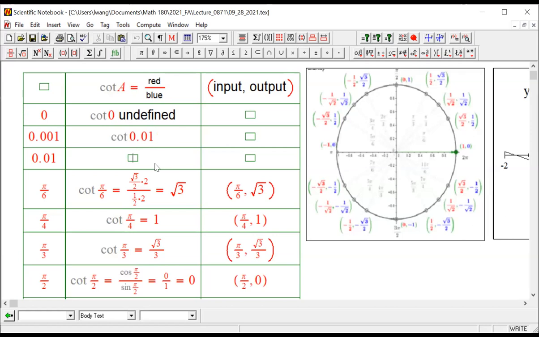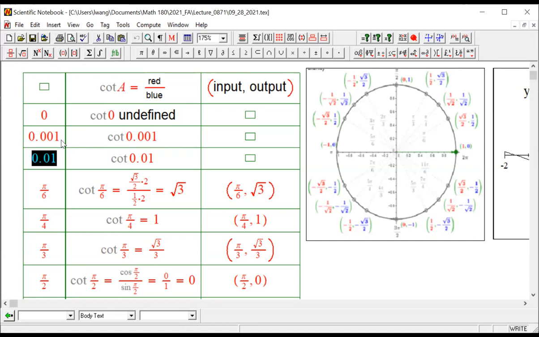Now we have to use a calculator. These inputs are not zeros, but they're getting closer and closer to zero. We want to observe the behavior of the ratio. That's how they're created.